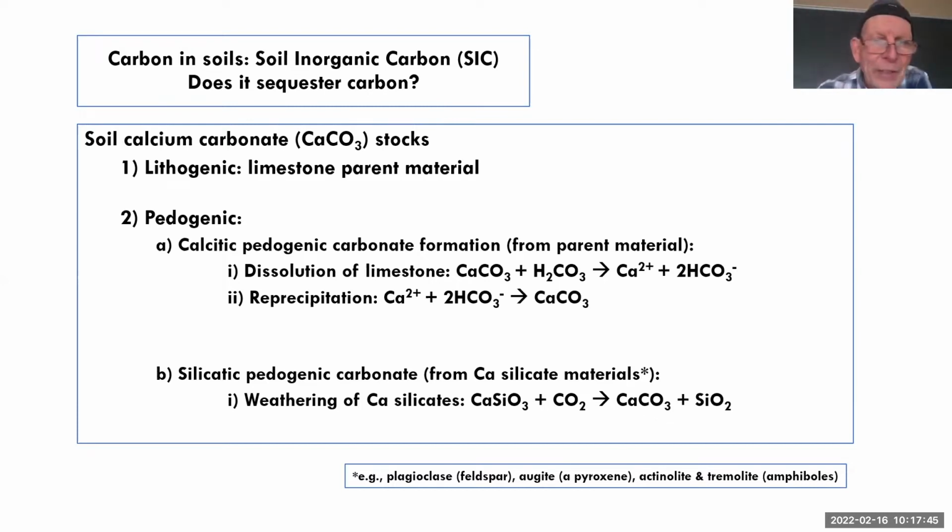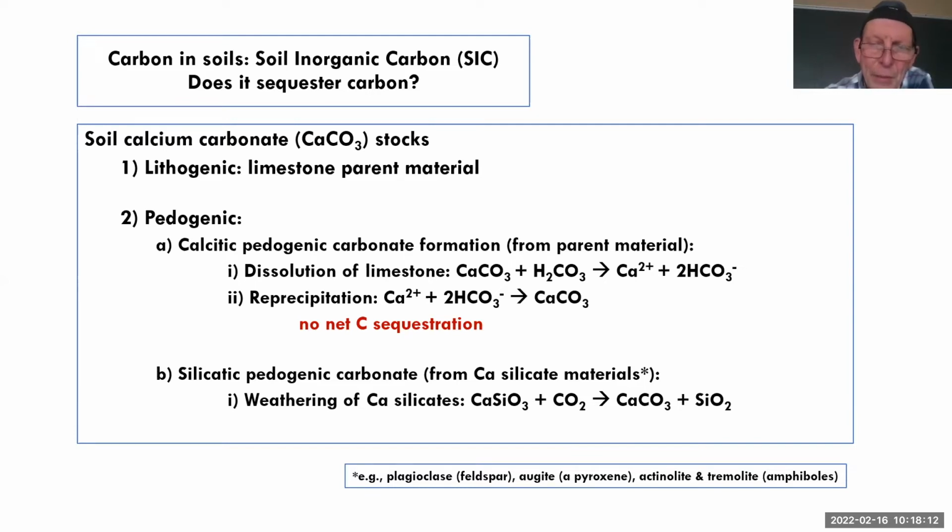So is that actually tying up carbon dioxide from the atmosphere? Not really, because what you're doing is dissolving the calcium carbonate and then using that carbonate to reform calcium carbonate. So it's not really sequestering any net carbon dioxide from the atmosphere. But in some cases in soils, you have calcium silicate minerals.